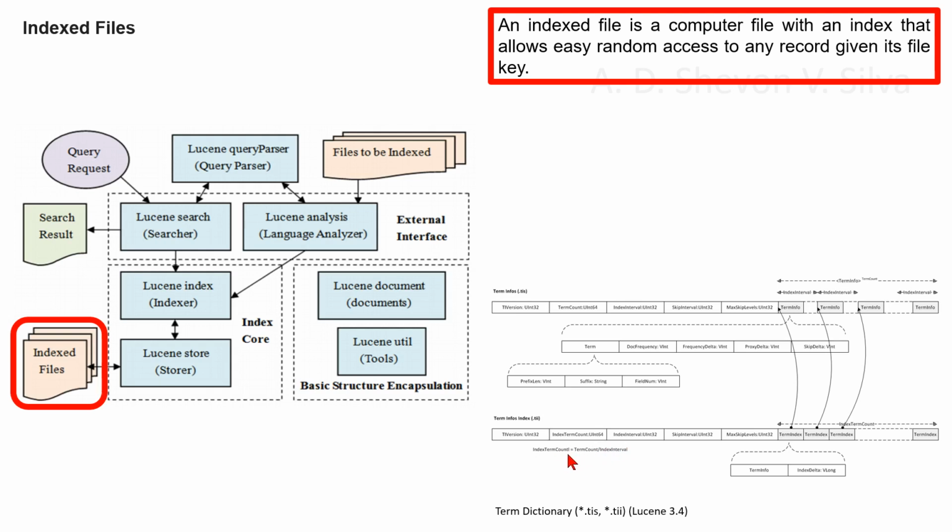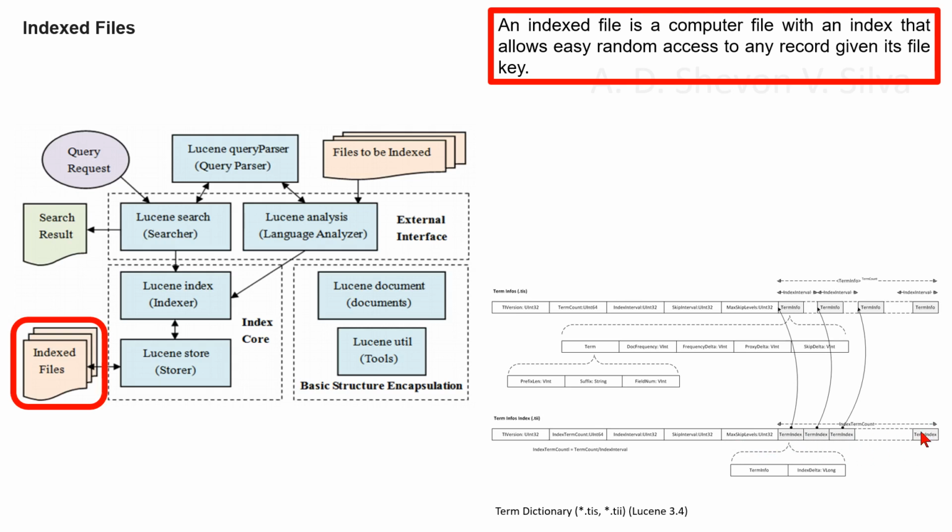Here: term count, index interval (u int 32), then the skip interval (u int 32), max skip levels (u int 32), and term index. There are term indexes, and this is the term index count.